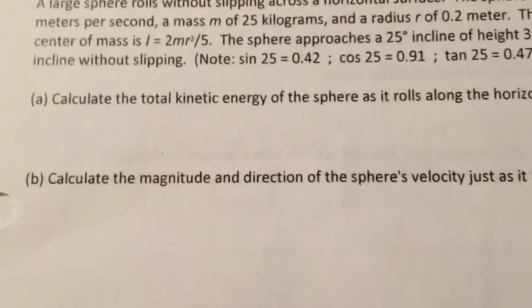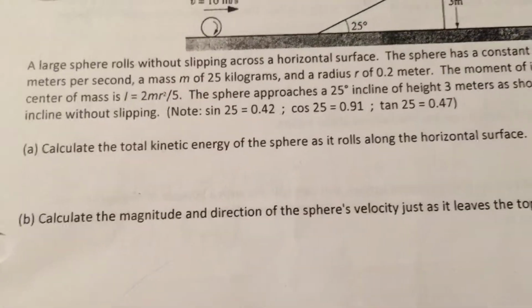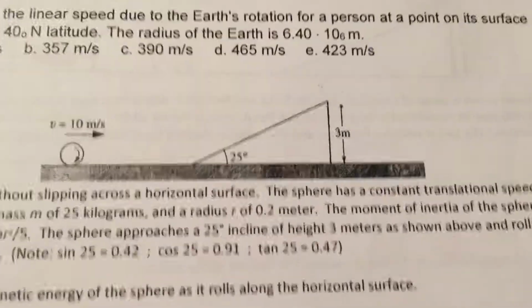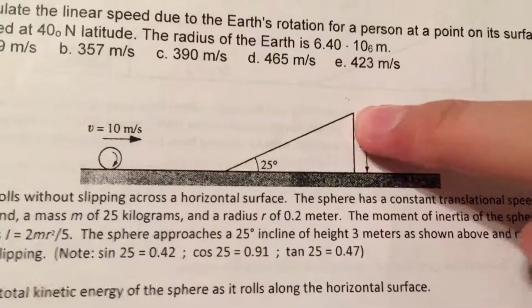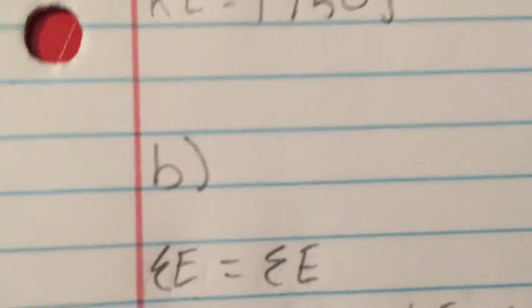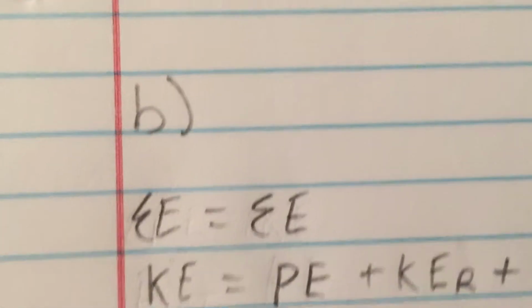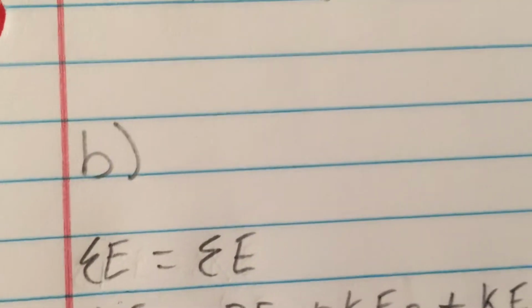So then for part B, it wants the magnitude and direction of the velocity after it leaves this point right here. So I did an energy summation, and the net energy before is going to equal the net energy after.